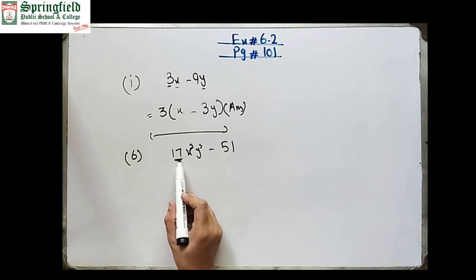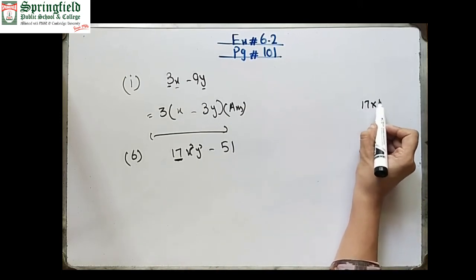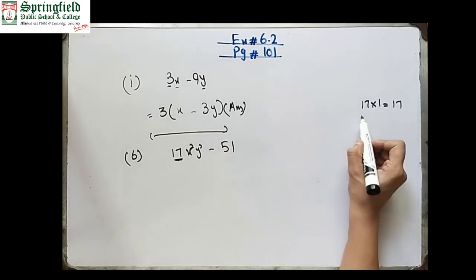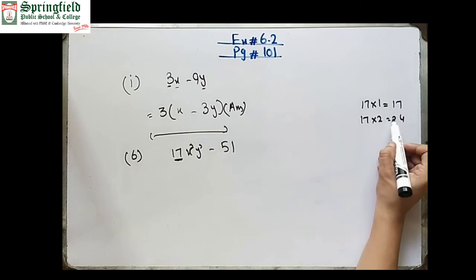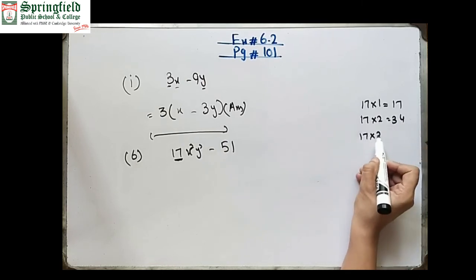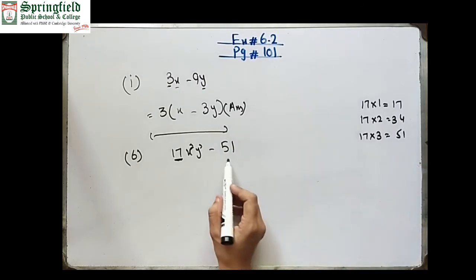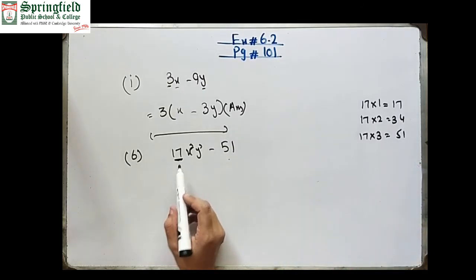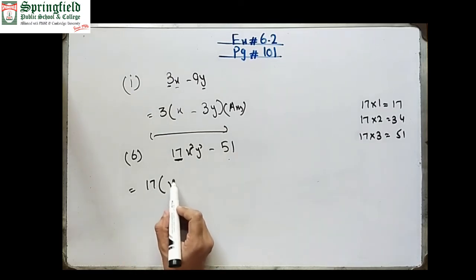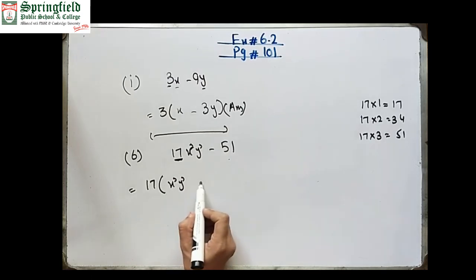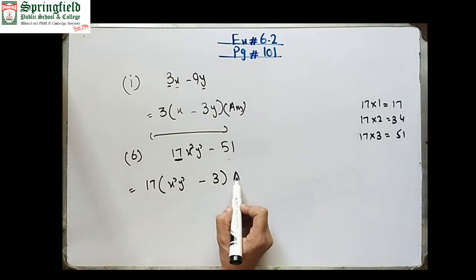So when we take 17, first recite the table of 17. 17 times 1, 17 times 2 is 34, 17 times 3 is 51. So 51 comes in the table of 17, and 17 can be taken common. So take 17 common, just the variables are left inside the bracket, and minus 17 3s are 51, and this is your final answer.